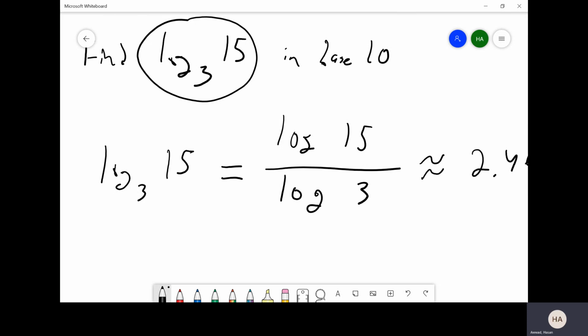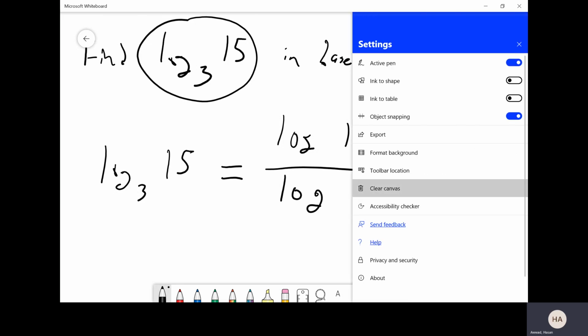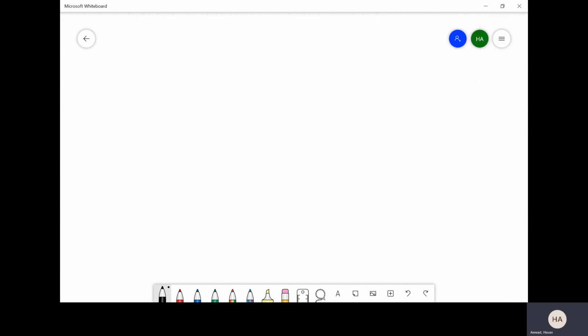Okay, so let's run through a couple more examples here. So let's say I wanted to find log base 5 of the value 14 in base e. Okay, so once again, we're starting with our original logarithm.